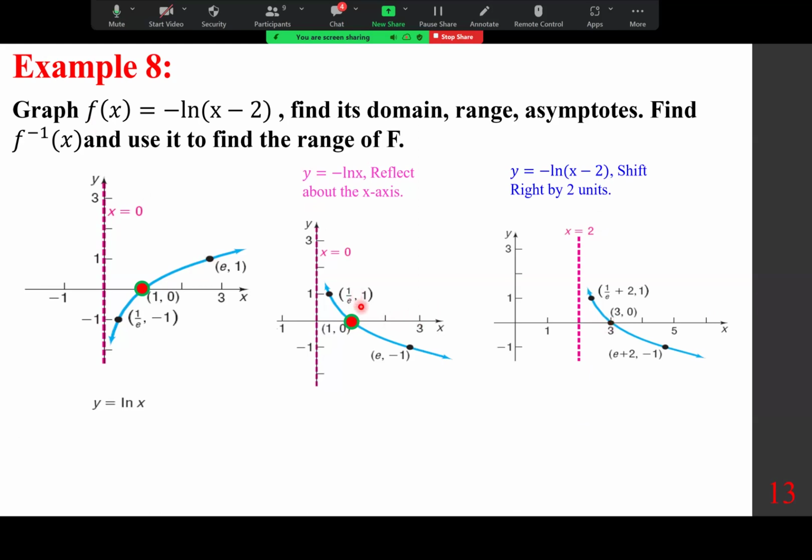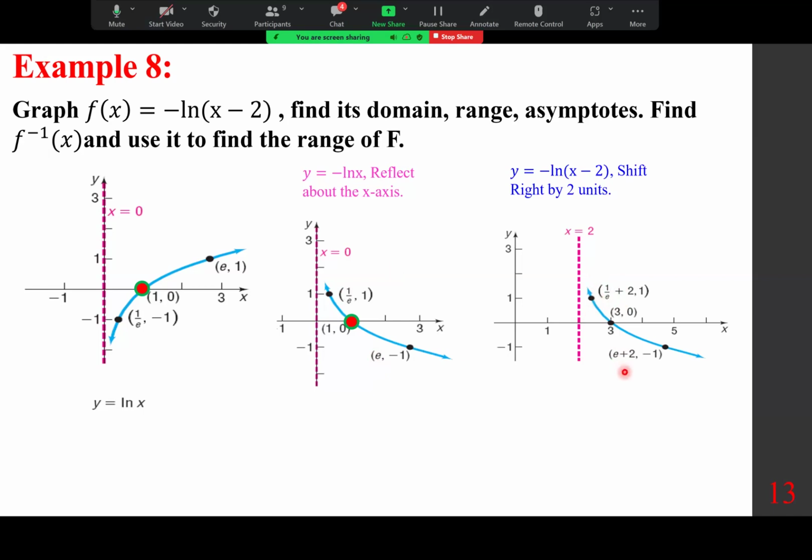So this one, the same thing, this 1 plus 2, notice 1 over e, and then we have to add 2, and that's the idea. So the x coordinates, we are going to add 2, 1 over e plus 2, e plus 2, and we keep it as 1 over e, or e as an exact answer.